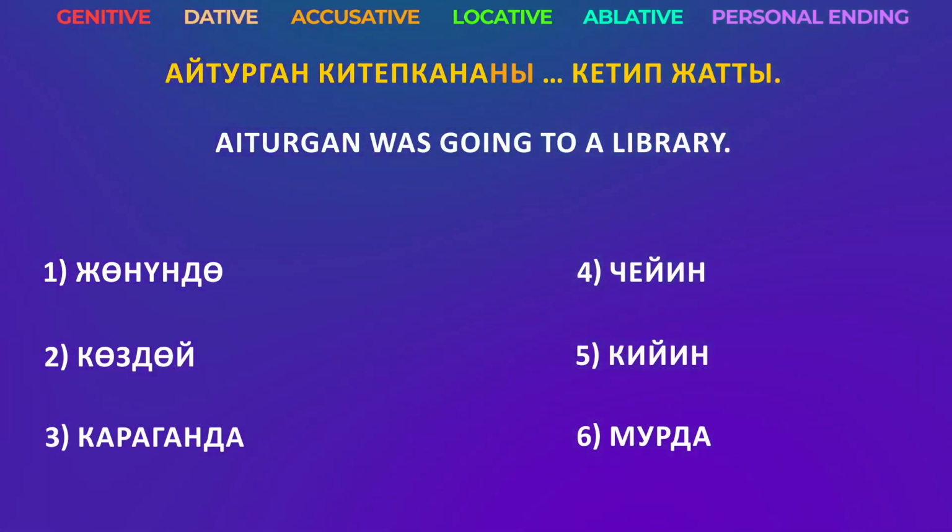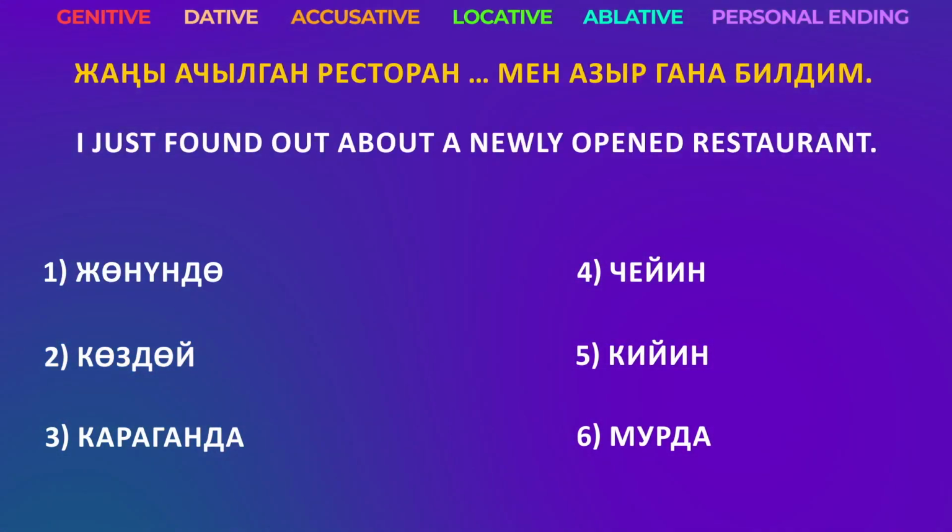So which one should you put? The right answer is көздөй. And the last one is Жаңы ачылган ресторан, linking word. Мен азыр гана билдим. I just found out about the newly opened restaurant. So what is the right answer? So the right answer is жөнүндө.